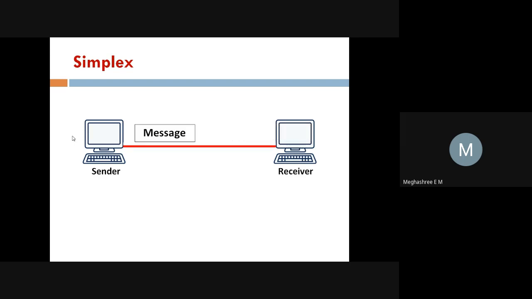Let's start with the first one, that is simplex. Simplex mode, you can say simplex mode of communication. Here, as you can see in the slide, the message is transferred from the sender to the receiver. Let me take the pen.